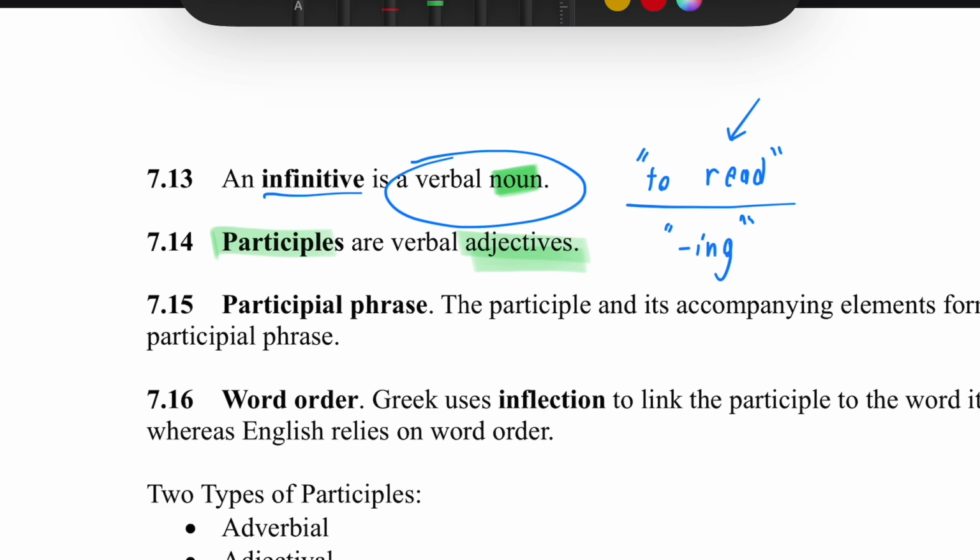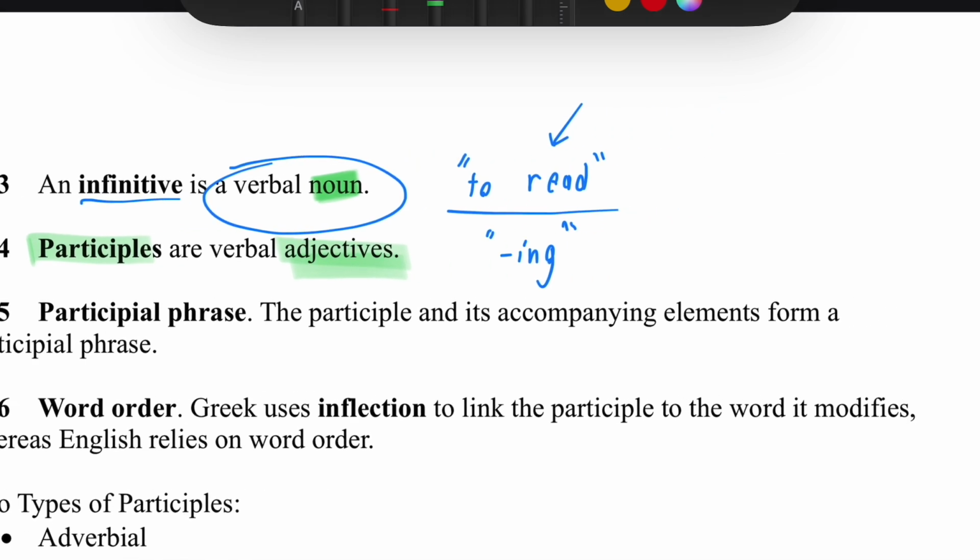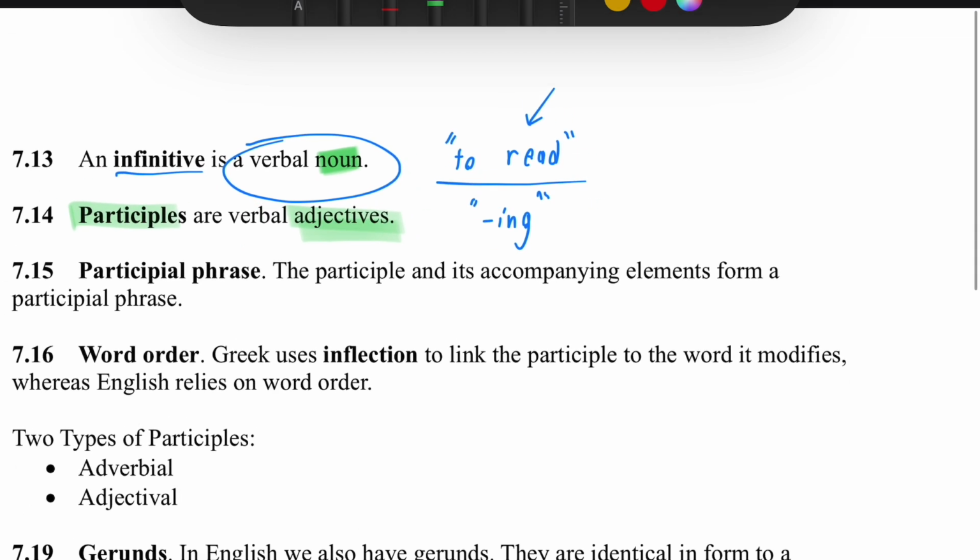So again, it's an adjective, so it becomes something that modifies a noun. So you could say the student. What kind of student? How are you going to clarify what he's doing? The student reading the book.